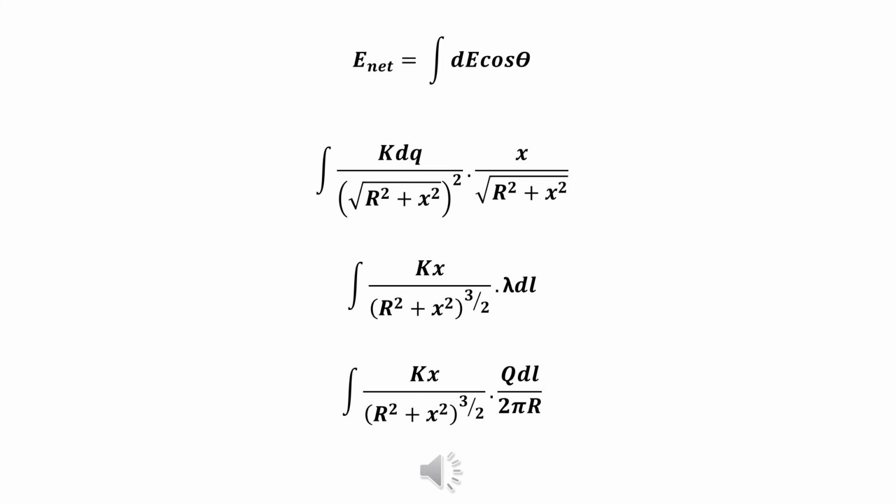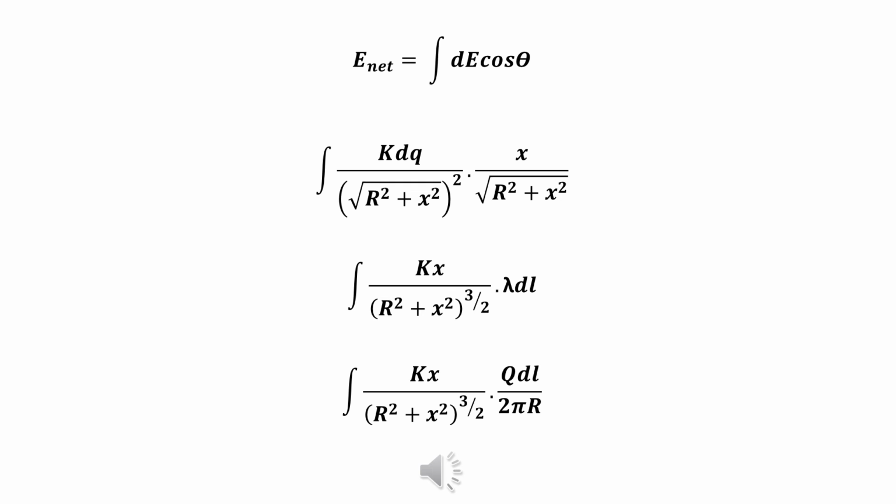Now, as per the Pythagoras theorem, cos theta is equal to base by hypotenuse, which as per the figure is equal to x by square root of r square plus x square.